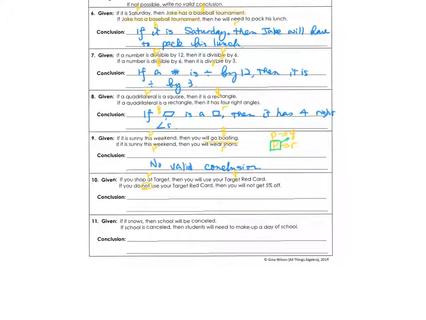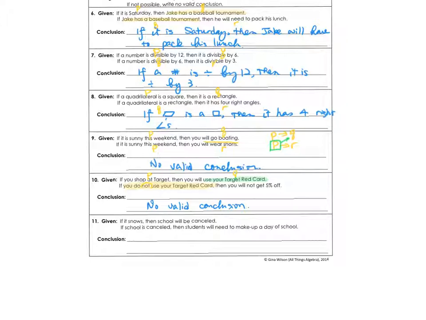I'm negating both the P and the Q. However, this part I'm highlighting is not the same as this part I'm highlighting in green. It's a negation. Therefore, there is no valid conclusion. It has to match exactly as written above with the symbolic map. If P, then Q, if Q, then R. Therefore, if P, then R.